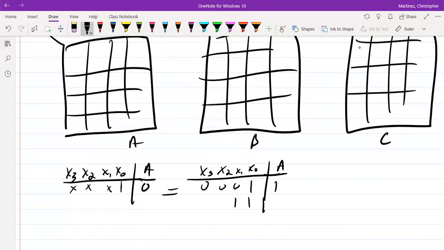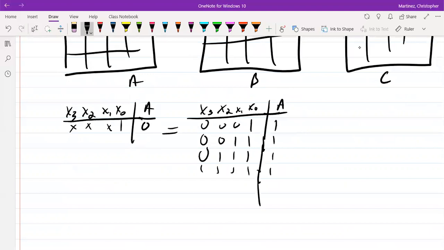It's also a 1, 1, 0, 0. It's also a 1, 1, 1, 0, a 1, 1, 1, 1. Then it could be any combination of ones and zeros, for example 0, 1, 1, 1, 0, 0, 1. So you have to do all combinations.